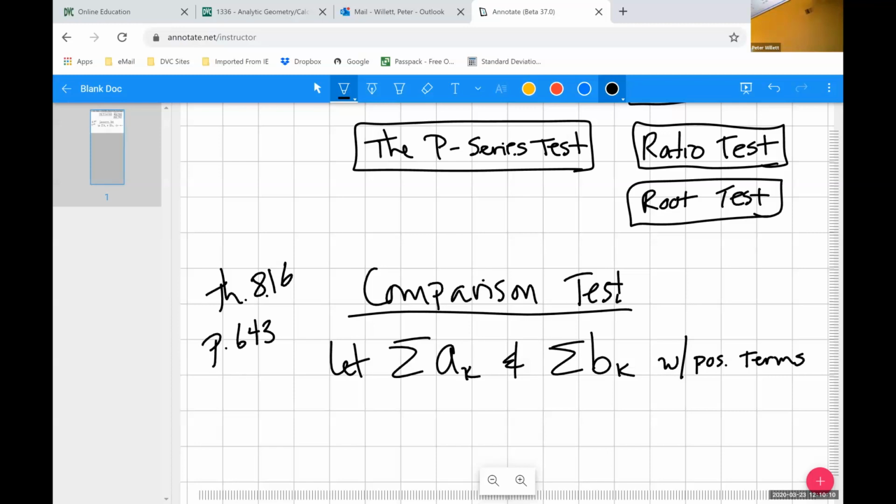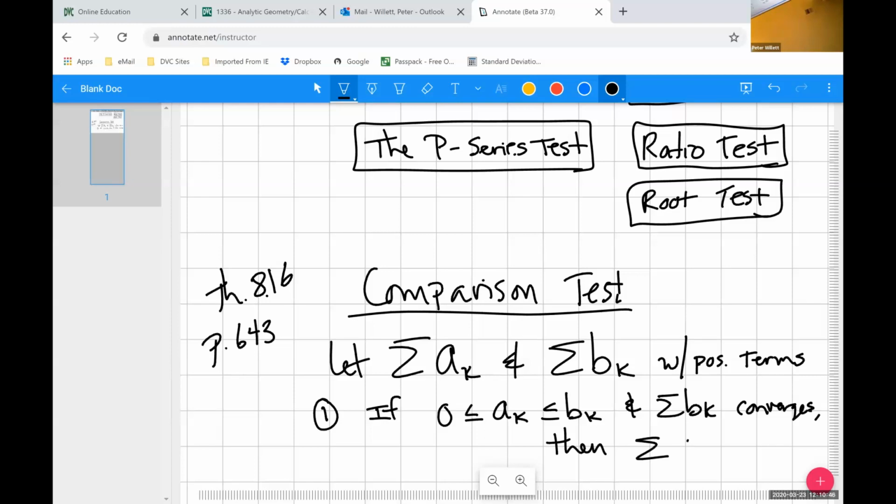Then we're going to have two possibilities. One, if 0 is less than or equal to a sub k, which is less than or equal to b sub k, for all k of course, and the series of b sub k converges, then the series of a sub k's also converges.